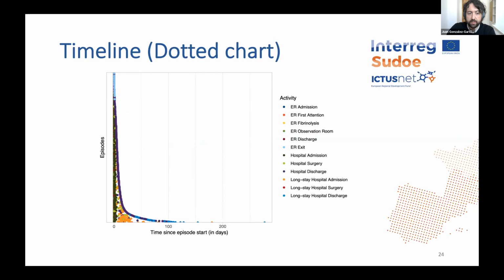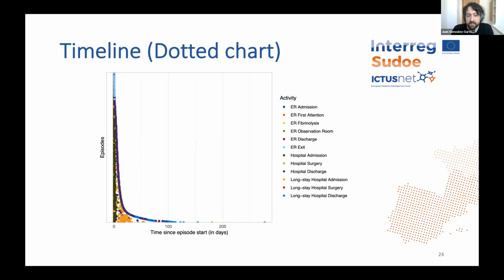Then the big chunk in the middle is those episodes that consider urgent care plus hospitalization, which finish in this purple. At the bottom, you can see the ones that include the long stay hospitalization, which are not that acute, but were also captured in this process.